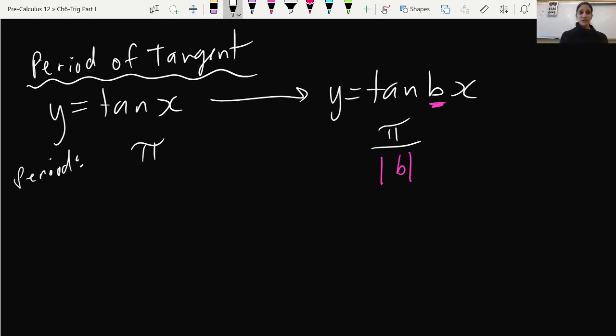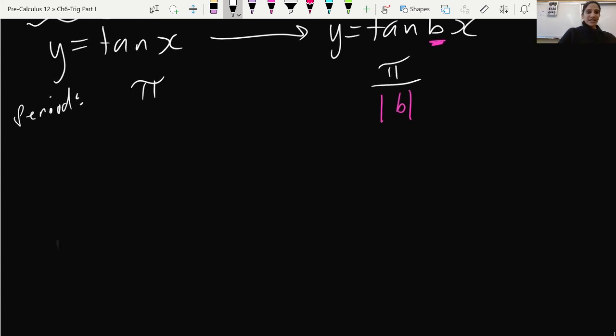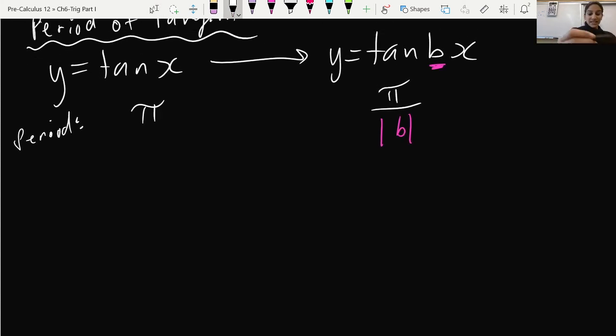Hopefully, you won't find this too bad because it's pretty much the same thing. The only thing that's changed is instead of 2 pi, it's now just pi. So let's take a look at some examples. Determine the period.